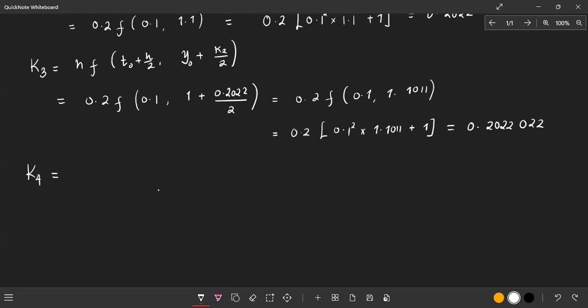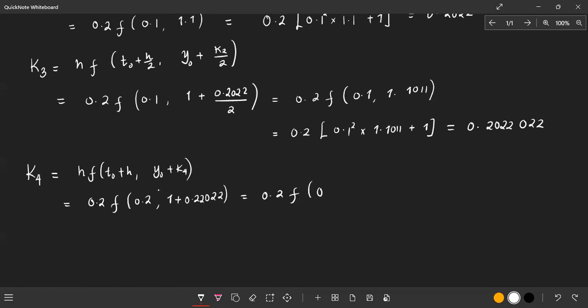So our K4 is simply h f of (t naught plus h, y naught plus K3). So our h is 0.2, f of t naught is 0, h is 0.2, so f of (0.2, y naught plus K3), right? Our y naught is 1, our K3 is 0.2022022. And this is equal to 0.2 f of (0.2, 1.2022022).